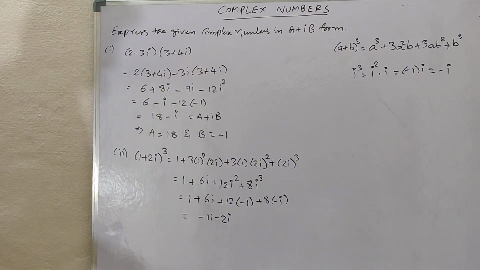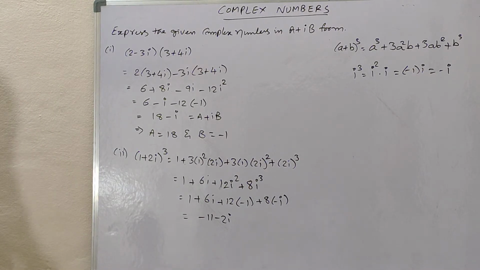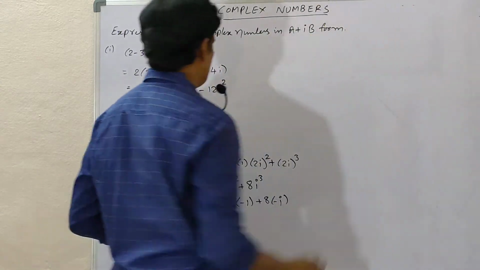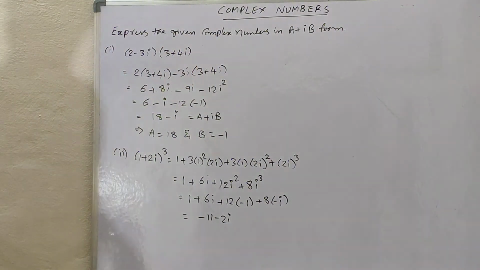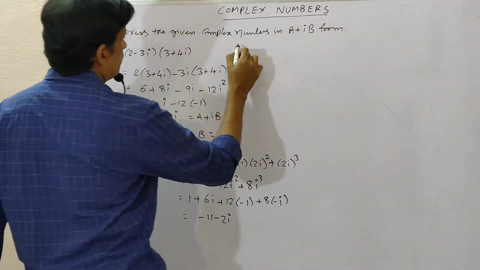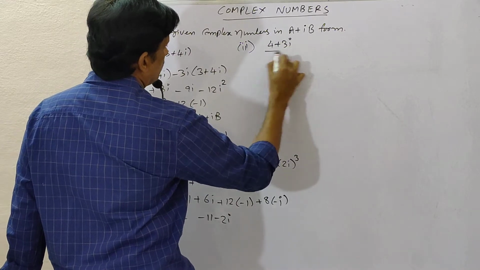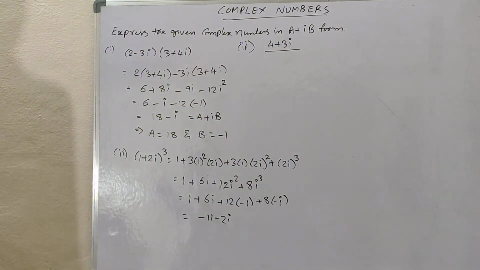Now the next one is 4 plus 3i by 2 plus 3i into 4 minus 3i.